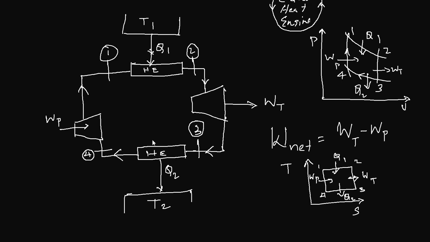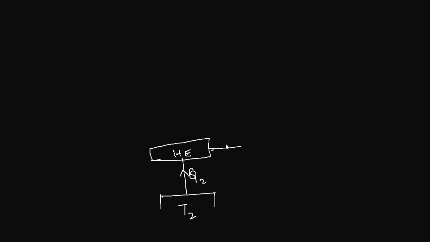Now what if we reverse this heat engine? Let's see what happens if we reverse the Carnot engine. All the processes will reverse. So you have your low temperature heat reservoir, and heat is taken from this to the heat exchanger, and the flow will be reversed as well.